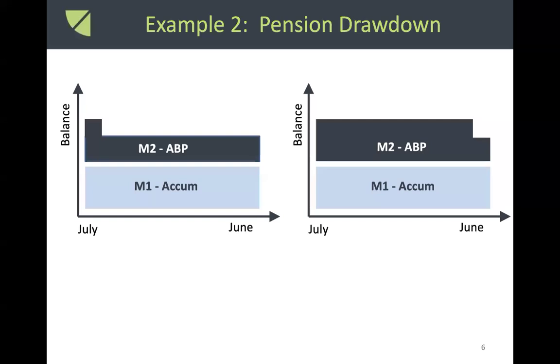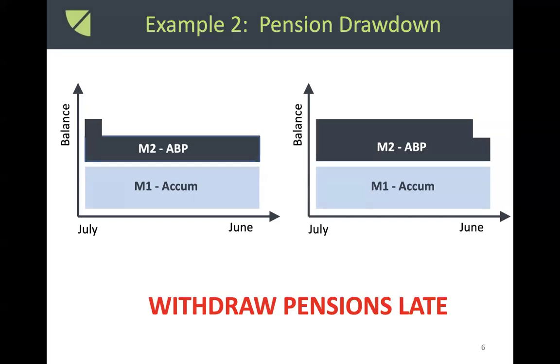And the dark blue is a higher proportion of the overall area on the right-hand side compared with the left-hand side. This might be, in this particular example, close to 50% on the right versus maybe 30% on the left. So the message here is withdraw your pension balances as late as you possibly can in the year in order to maximize ECPI.